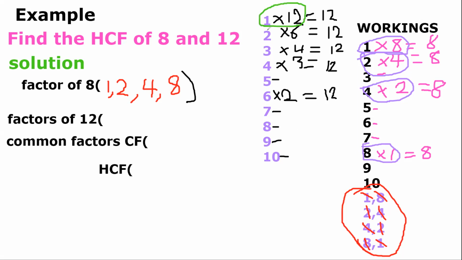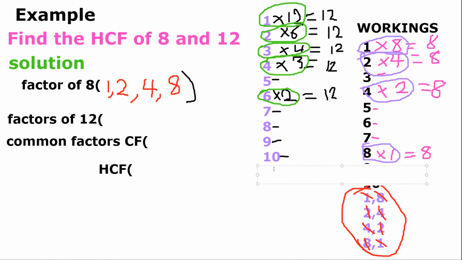So let's see those numbers that give us 12 here. That is 1 and 12, 2 and 6, 3 and 4, 4 and 3, 6 and 2. Then you write them, okay, so that you arrange them nicely.